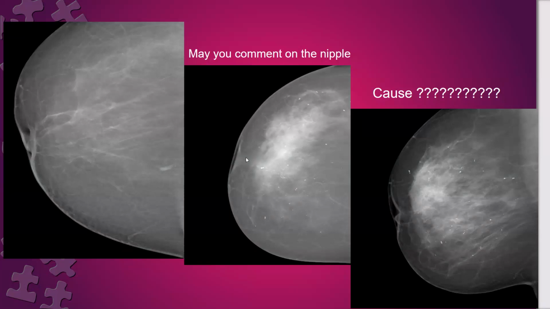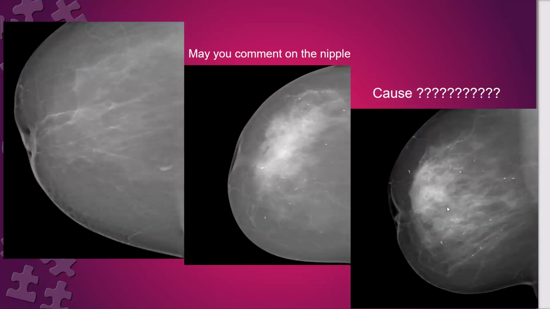What about this band density? What does it represent? Ductal. Dilated duct, ductectasia. So this classification, this type of classification, we call it what? This is benign classification.